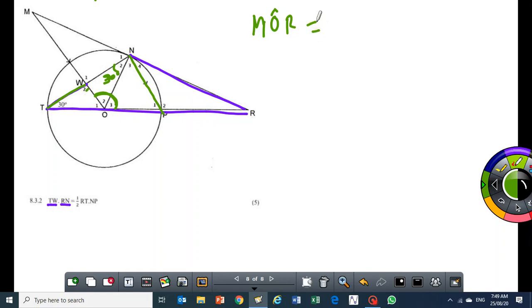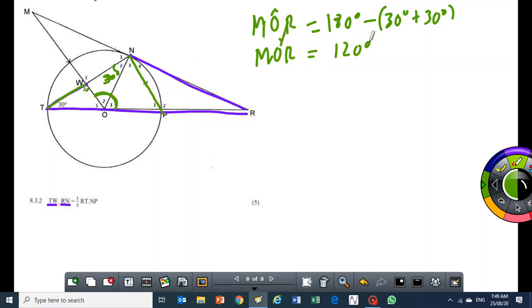Angle MOR is equal to 180 degrees minus 30 plus 30, because we know that angle R and angle M are equal to 30, because we proved that in the first part of the question. So angle MOR will be equal to 120 degrees.